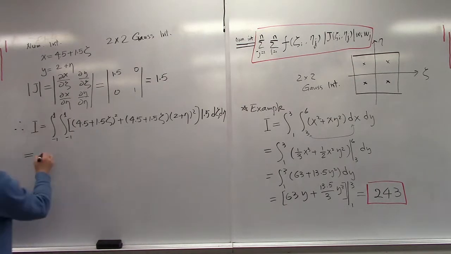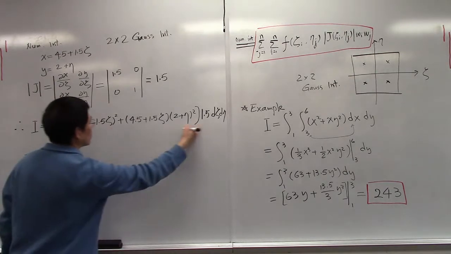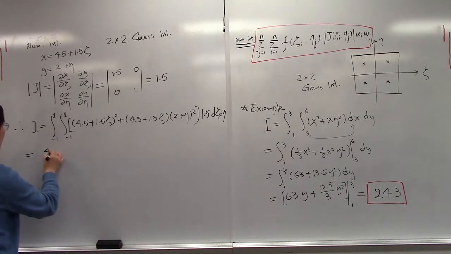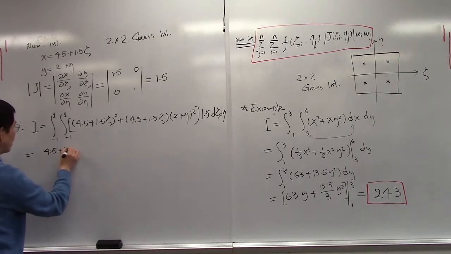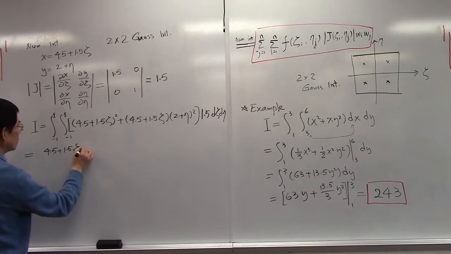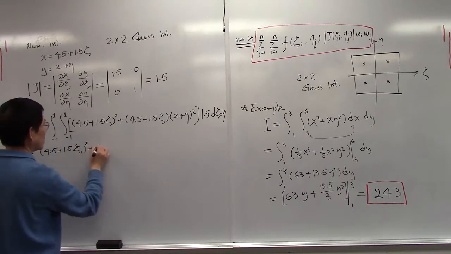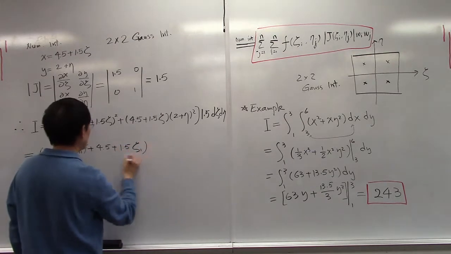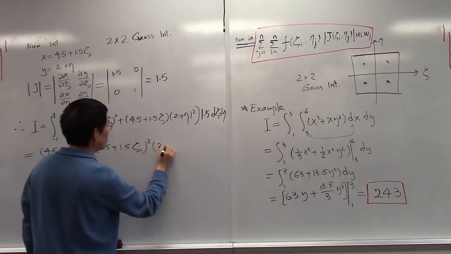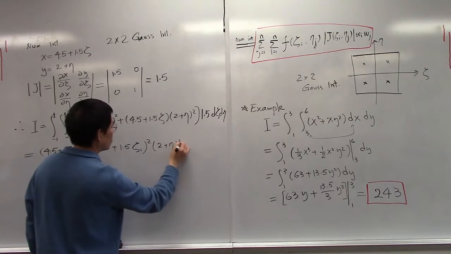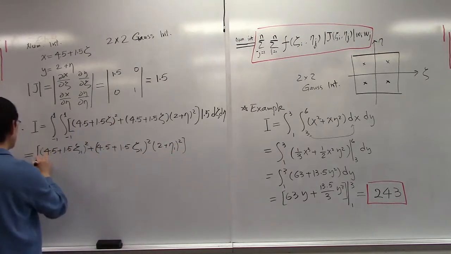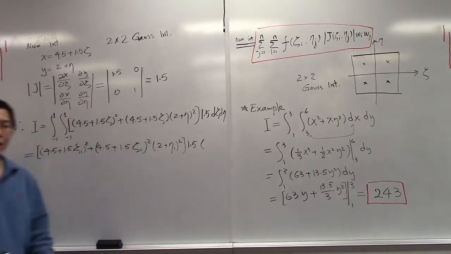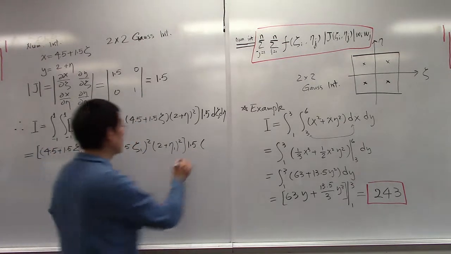So the first one will be this function at theta 1, eta 1. So it's 4.5 plus 1.5 theta 1 square plus 4.5, 1.5 theta 1 square, 2 plus theta 1 square, and times the Jacobian 1.5, and then times the weight W1 and W1.